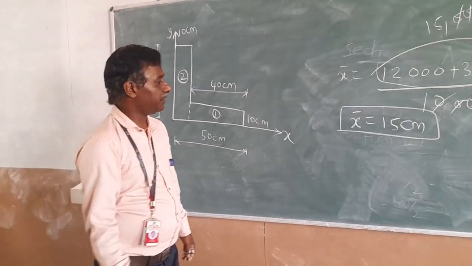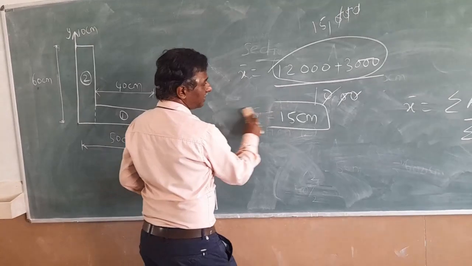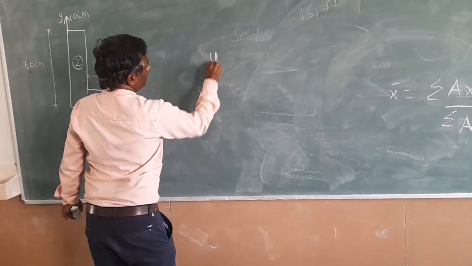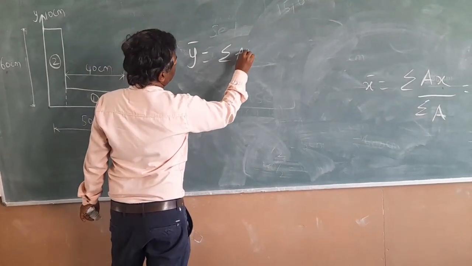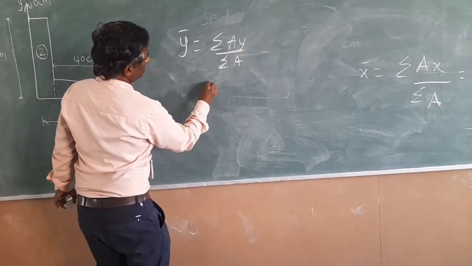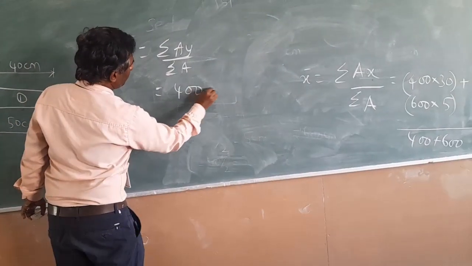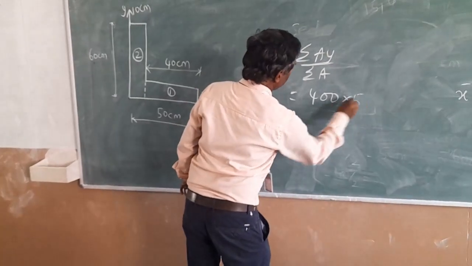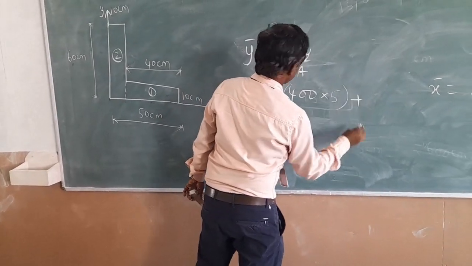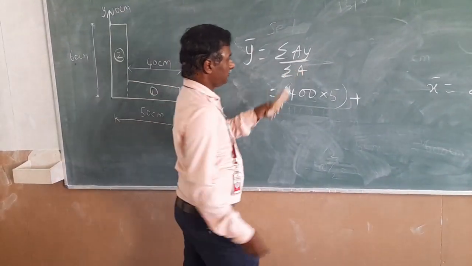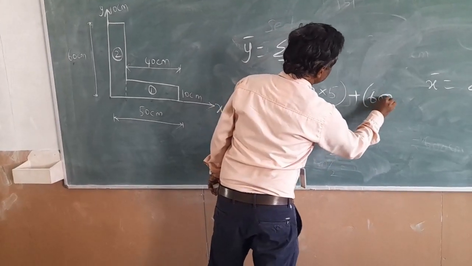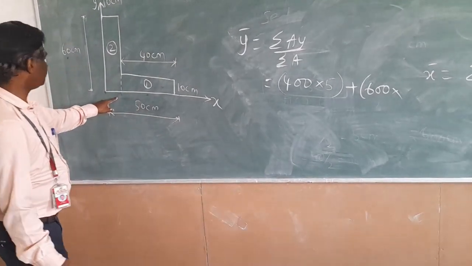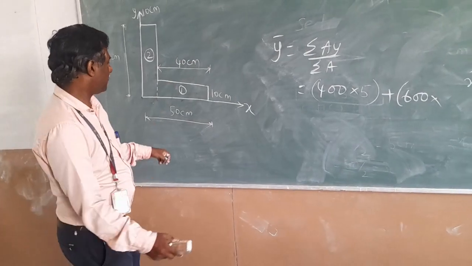Then what about the y bar? How can we find y bar? Same formula. Instead of x, we apply sigma ay divided by sigma a. So 400 into y1, which is 5, plus 600 into y2, which is directly 30, divided by 1000.